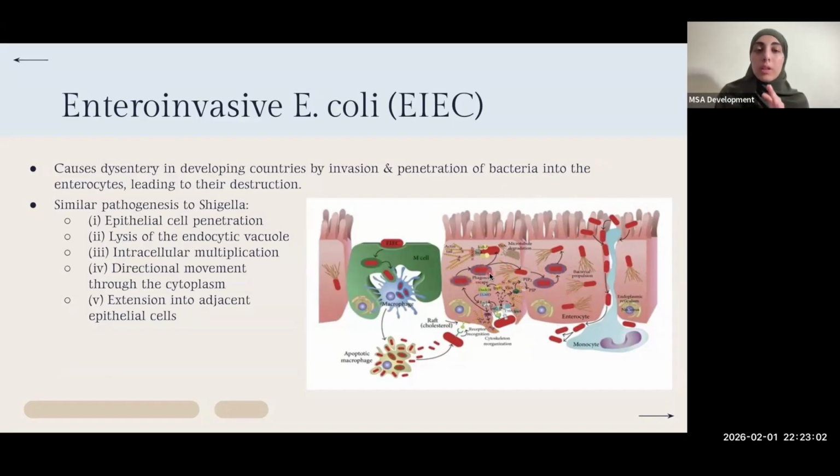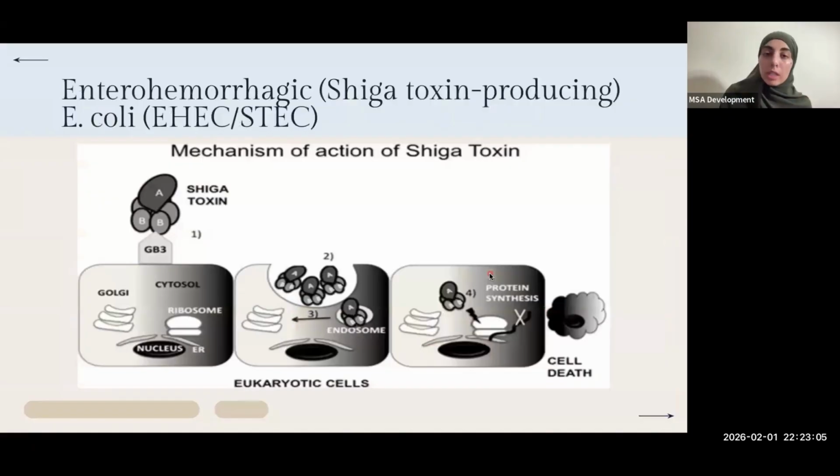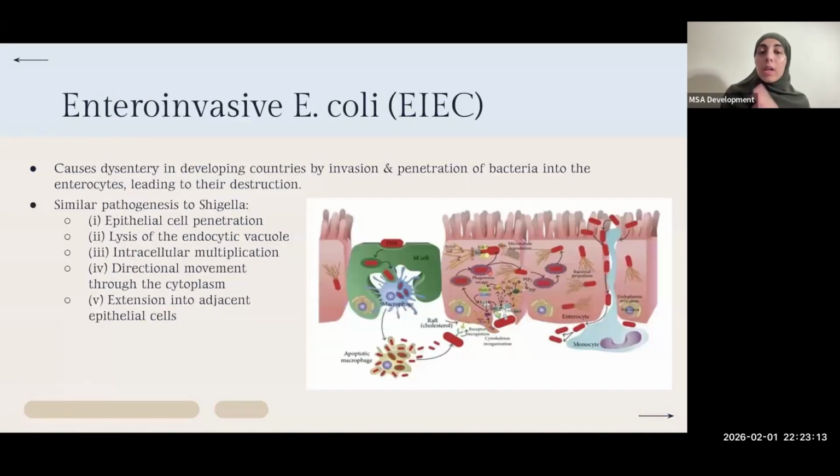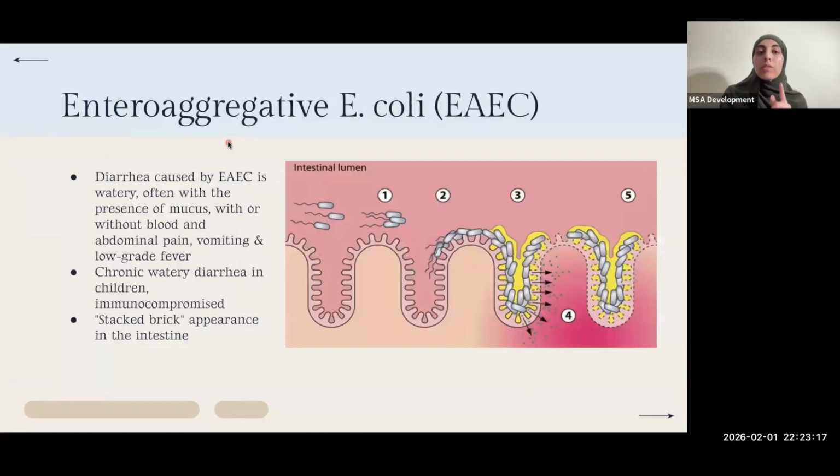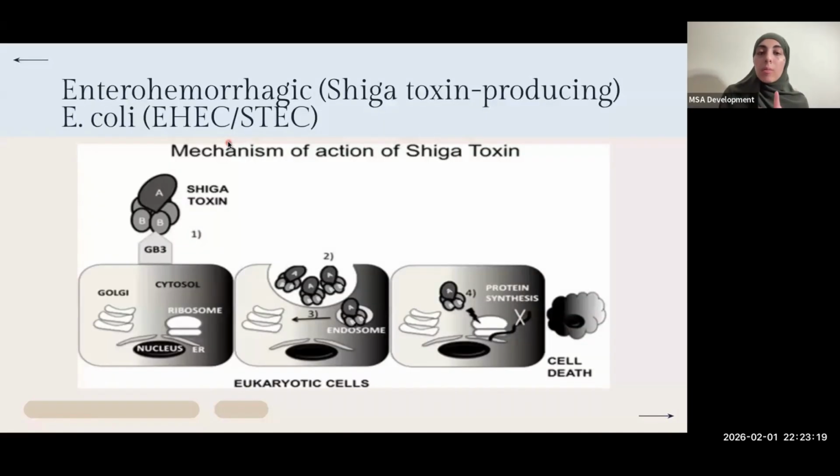Now, what is the difference between enteroinvasive E. coli and enterohemorrhagic E. coli? Remember, in enterohemorrhagic E. coli, the diarrhea is because of the Shiga toxin, but in enteroinvasive E. coli, the diarrhea is due to the invasion. Okay, so enteroinvasive and enterohemorrhagic both cause dysentery. They both cause bloody diarrhea. But in enterohemorrhagic, the pathogenesis is the Shiga toxin, leading to inhibition of protein synthesis.